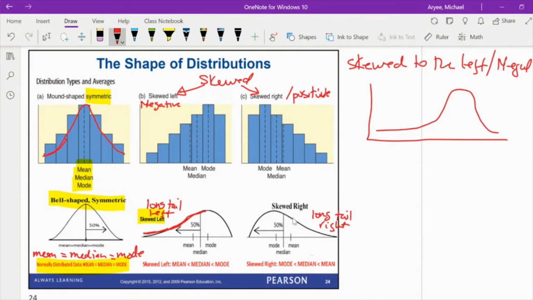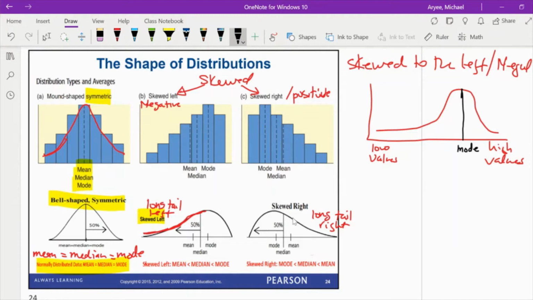Now, if something is skewed to the left, and this is a graph, usually the low values are on the left side and the high values are on the right side. For almost all graphs, where you have the peak, the tallest place, is the mode.